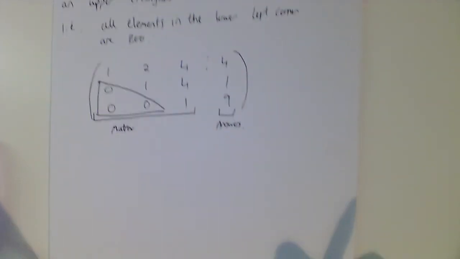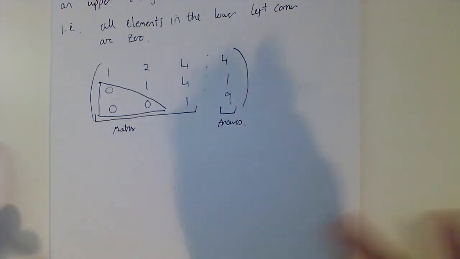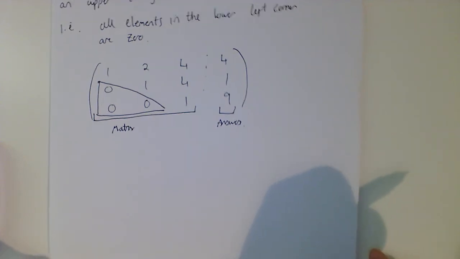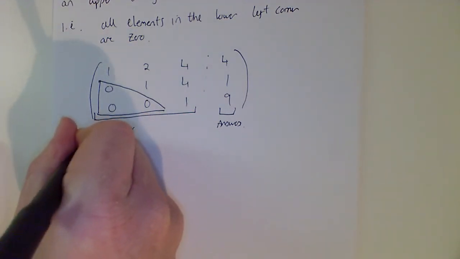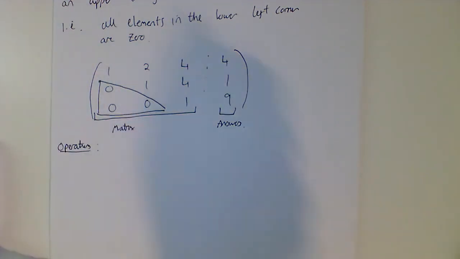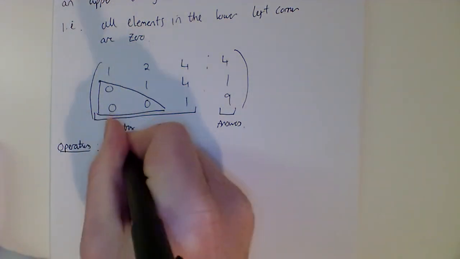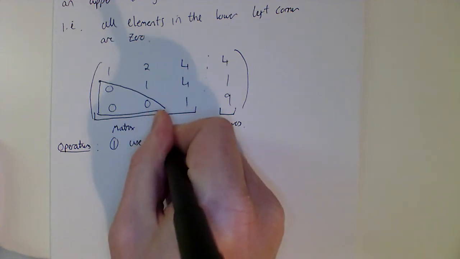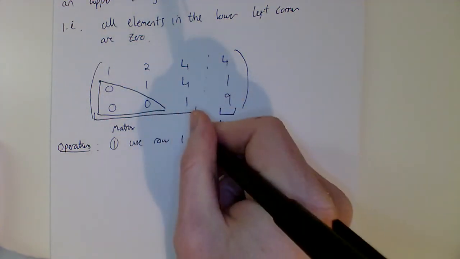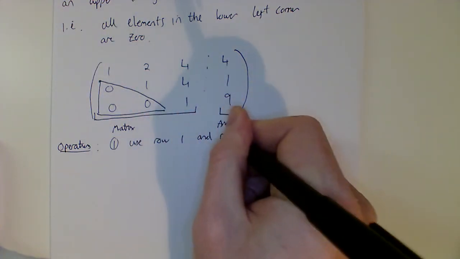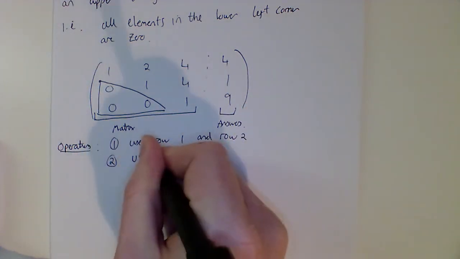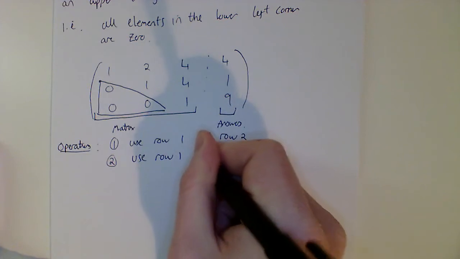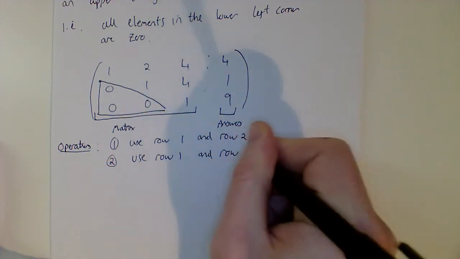Right, now, in order for it to work, you must do your elementary row operations in a specific order. The first thing you must do is use row 1 and row 2. Then you must use row 1 and row 3.